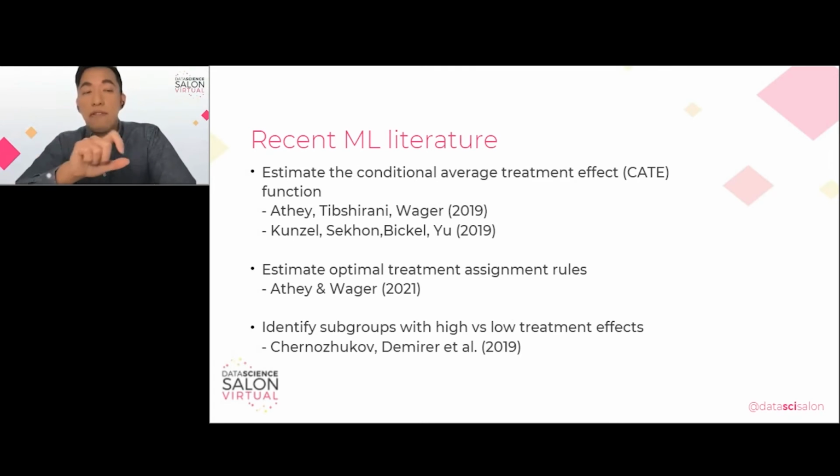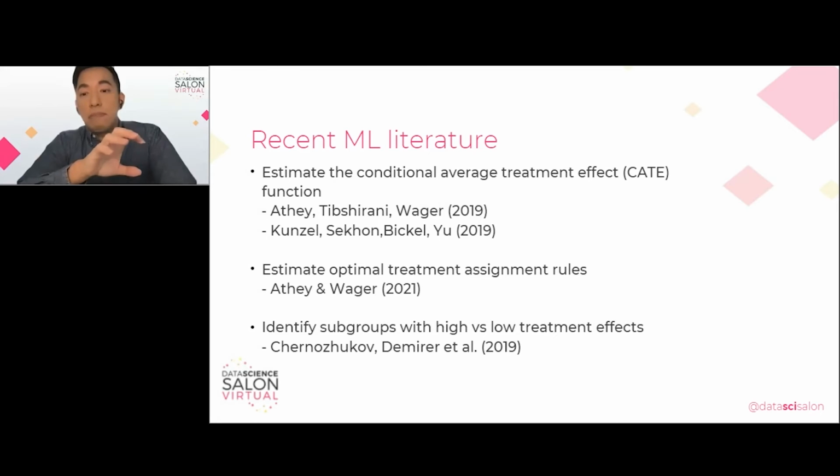If you look at the first bullet point, the first strand of research is pretty ambitious, right? What they're trying to achieve is to estimate the conditional average treatment effect function. Essentially, they're trying to map someone's observed covariates, such as age, gender, education, income, DMA, and so on, into the outcomes, right?